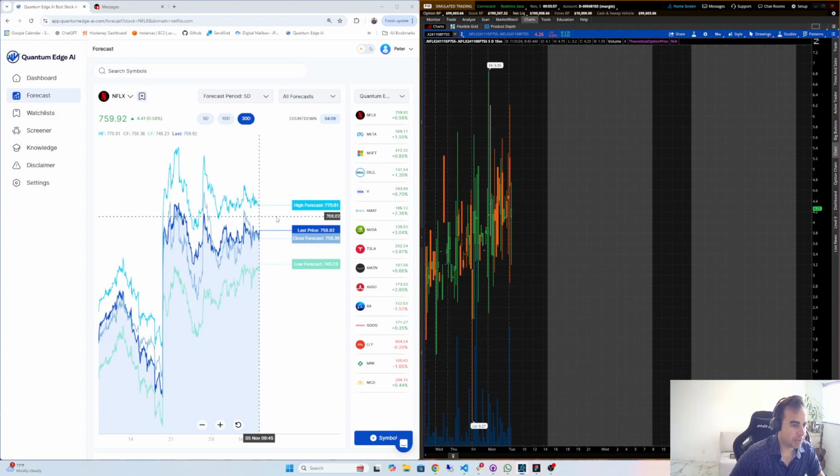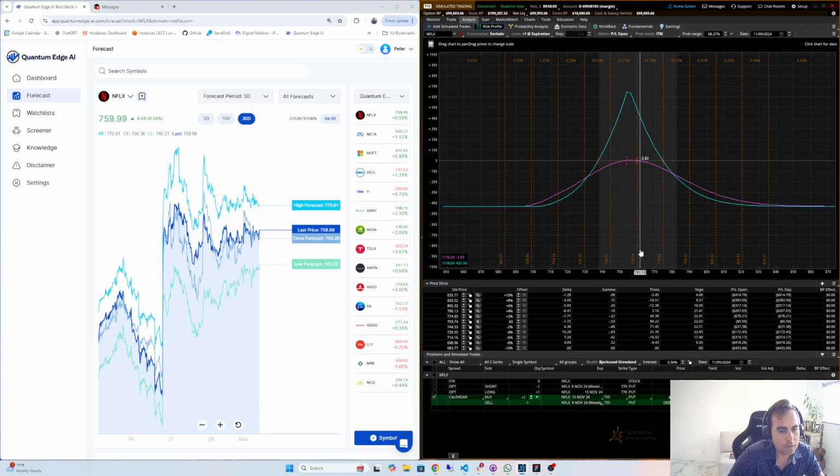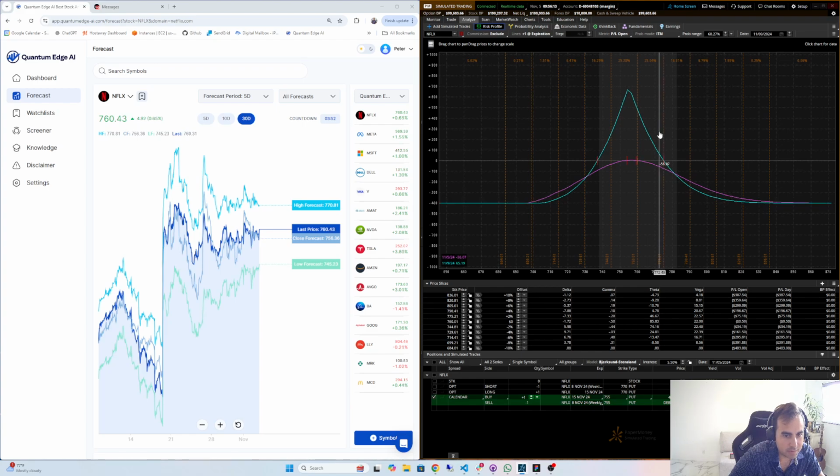This trade was constructed based upon Quantum Edge AI's forecasts. We want to be within this channel where the risk profile is in a place where you're within the high forecast on the upper threshold of the risk profile, and you're within the lower forecast of the threshold here.